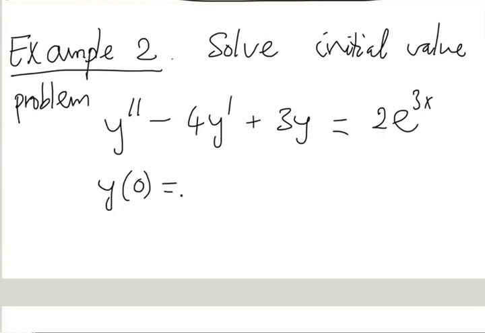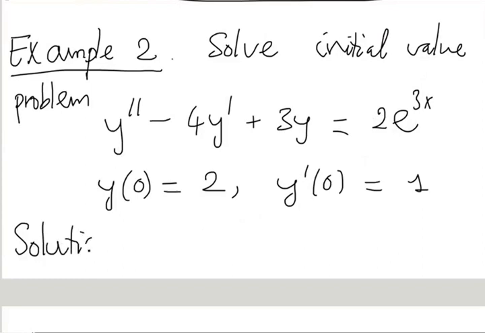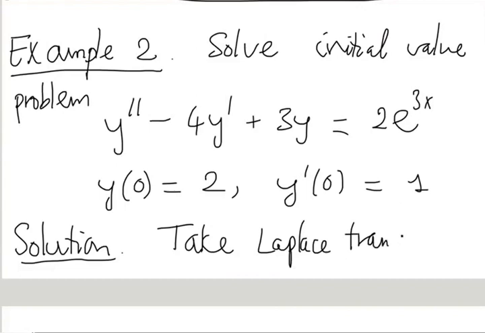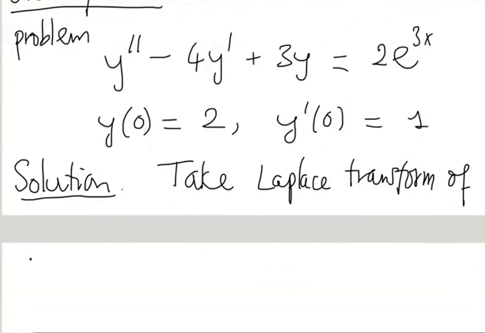The initial conditions are y(0) equal to 2, y prime (0) equal to 1. And this time we have a non-homogeneous equation because the right hand side is not 0. But the method will be the same. We're going to take Laplace transform of the ODE, both sides of the ODE. I want to emphasize that. Both sides.